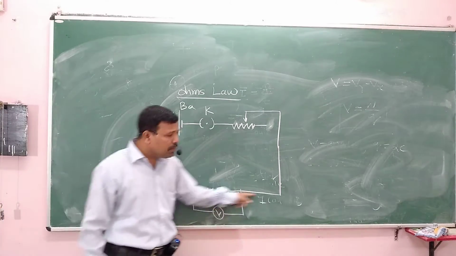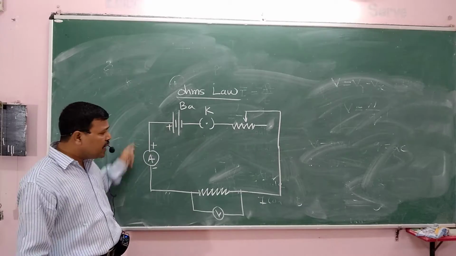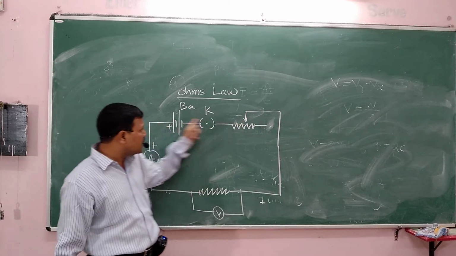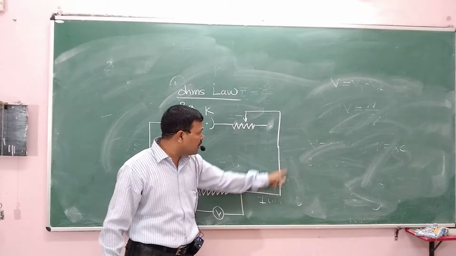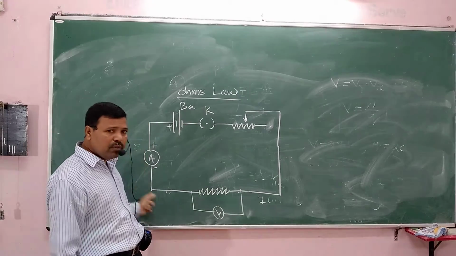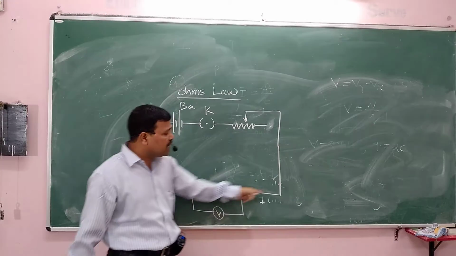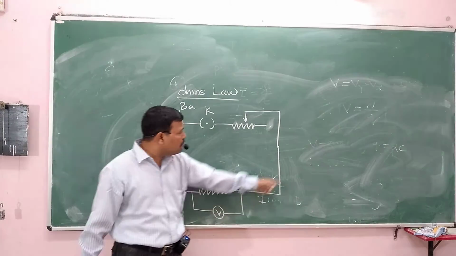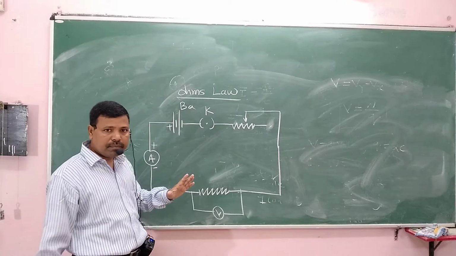Ammeter can be connected in any part of the circuit, because in series connection the current will be same at every point. Either you can connect ammeter here, anyway the current at any point in series combination will be same.